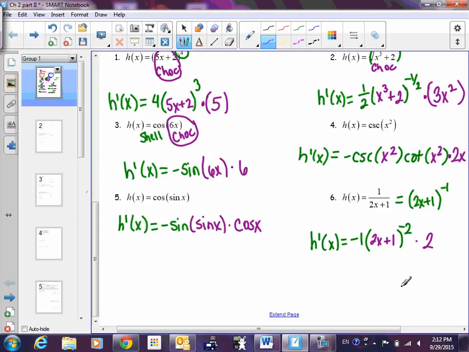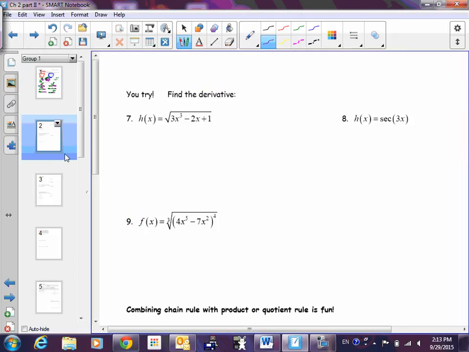And again, that 2 could be in parentheses, although it doesn't have to be. Okay, this answer looks a lot different than what we would have gotten if we did quotient rule, but those answers would be equivalent. Okay, so I want you to try 7, 8, and 9 on your own. And remember that whole, like I kept saying, parentheses, that's really important on number 7.